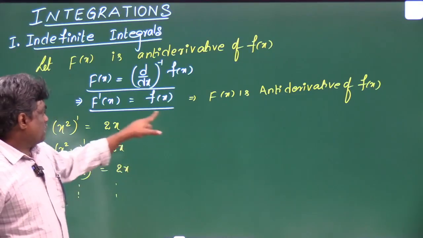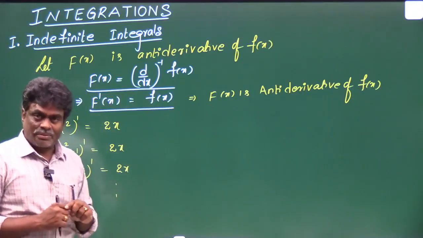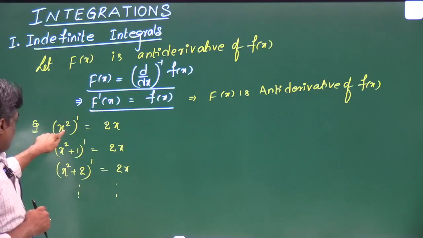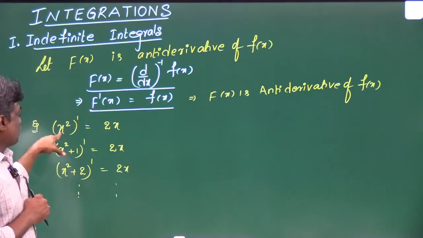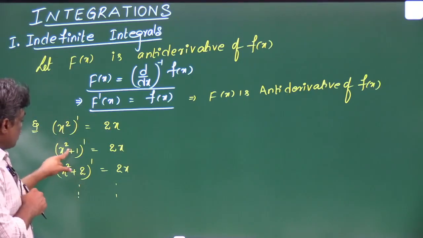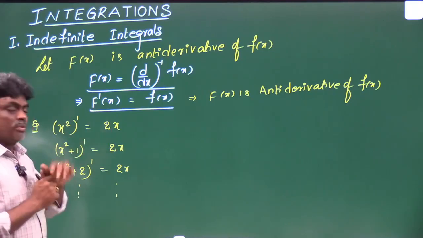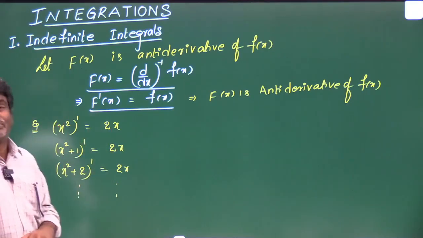So here we have F dash of x equal to small f of x. The derivative of x square is 2x, which means x square is an antiderivative of 2x. X square plus 1 is an antiderivative of 2x, and x square plus 2 is an antiderivative of 2x.